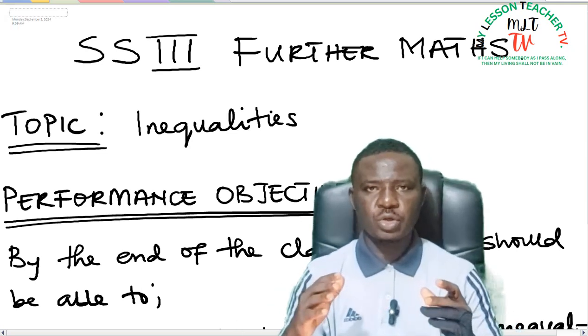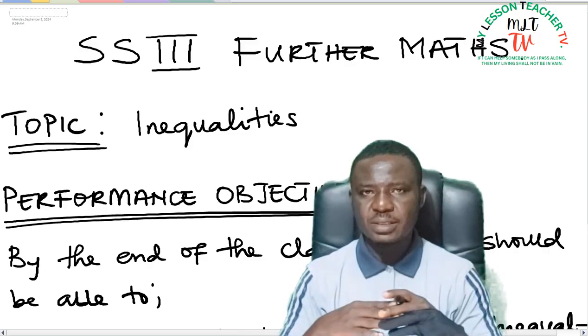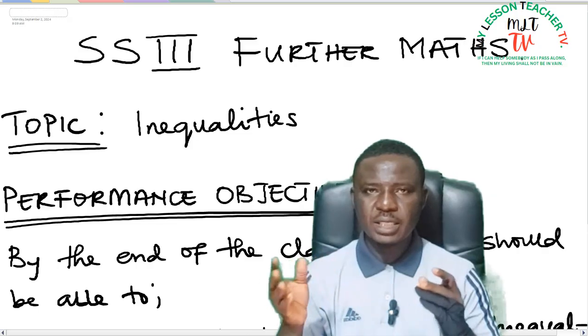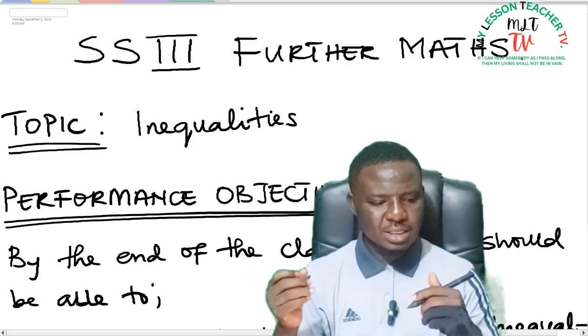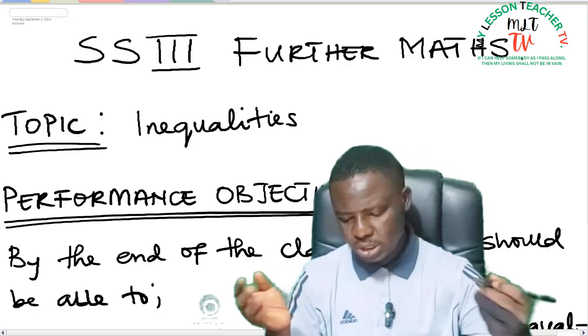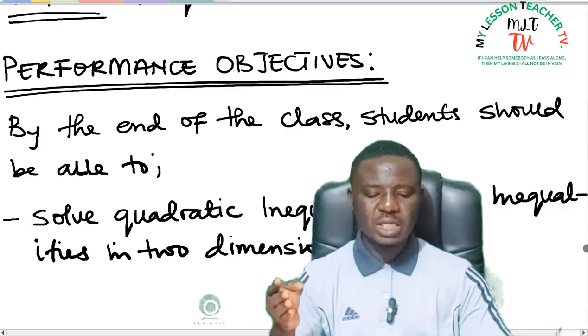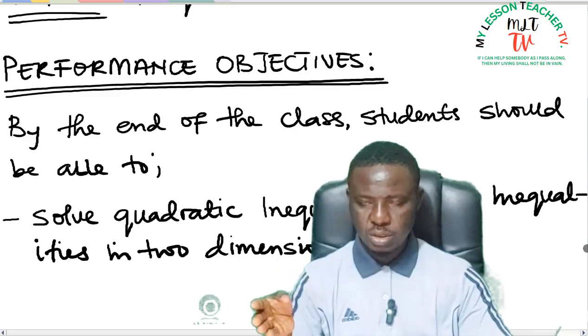Today's class is a continuation of our previous classes on SS3 Further Mathematics, where we started the topic of inequalities. At the last class, we were looking at quadratic inequalities. We said we are to solve quadratic inequalities and inequalities in 2 dimensions.